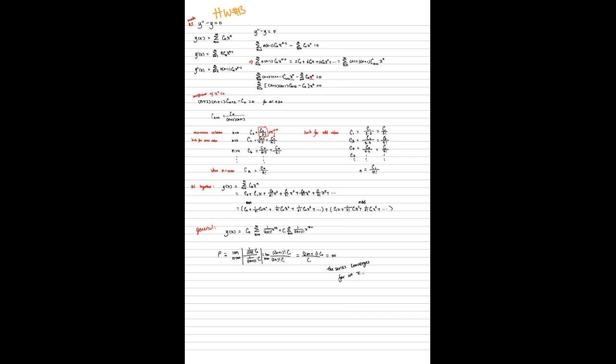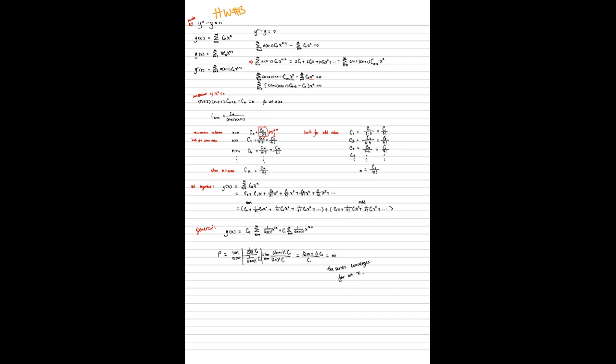Just plug in the numbers 0, 1, 2, 3, 4, and there's the even values and the odd values. For n equals 0, we get c of 2 equals c of 0 over 2 times 1. For n equals 2, c of 4 equals c of 2 over 4 times 3, and plugging in c of 2, we get c of 0 over 4 factorial, and so on.